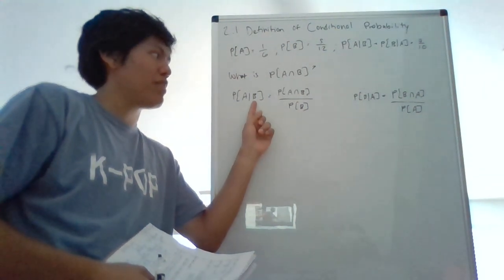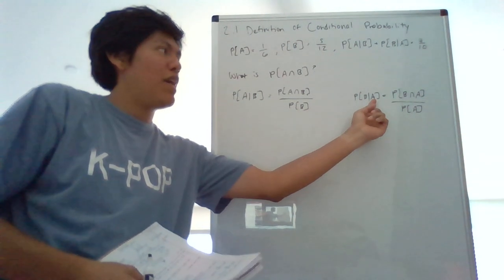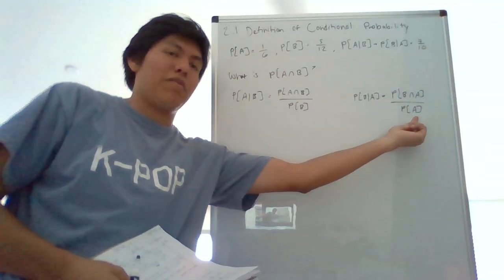So B is on the right side here, B goes on the bottom. A is on the right side here, A is on the bottom.